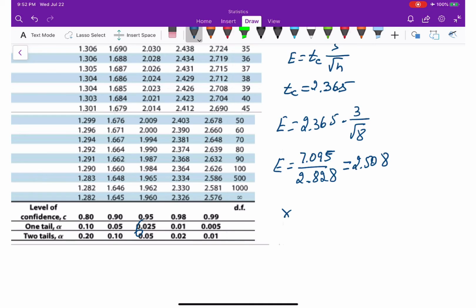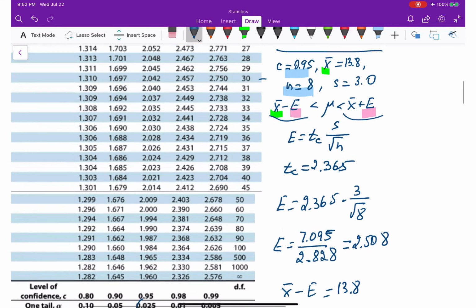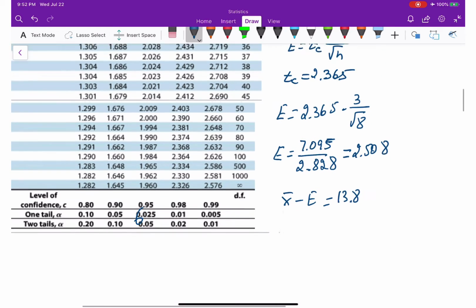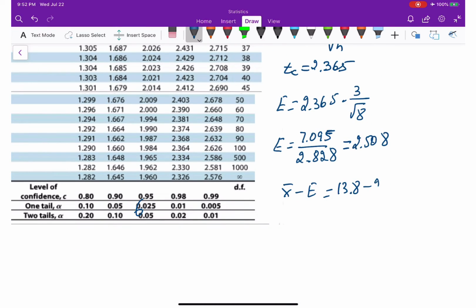All right, so from here, what we need to find out, x bar minus error, x bar plus error. So x bar minus error is equal, x bar is 13.8, right here, 13.8 minus 2.5. Since my x bar is given with 1 decimal, I round my error also till 1 decimal, and I'm getting 11.3.